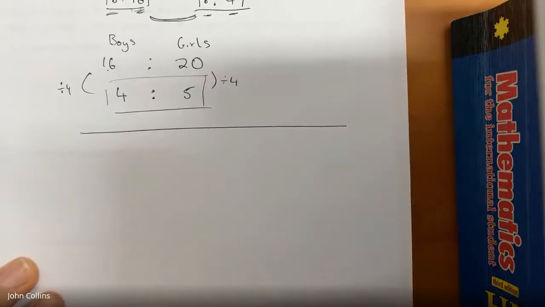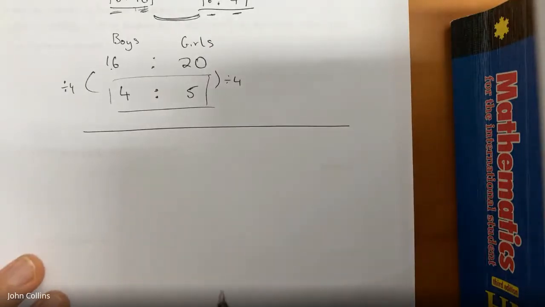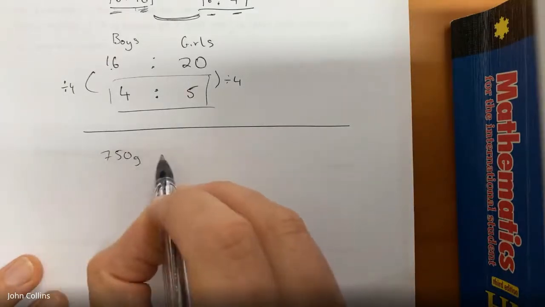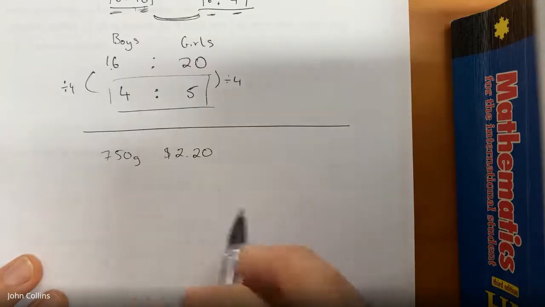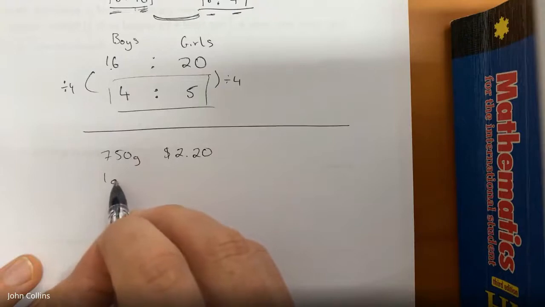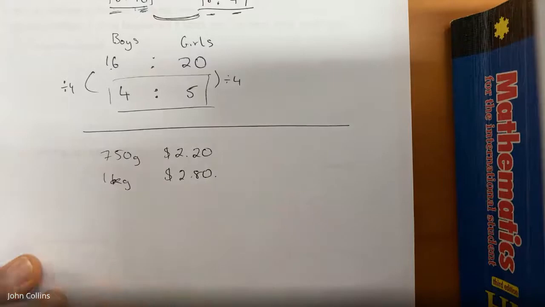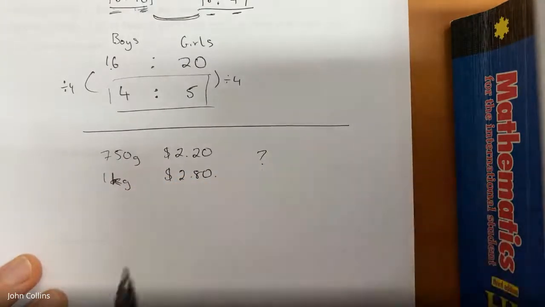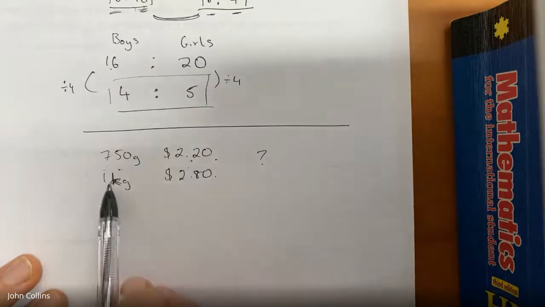On Thursday in the race to 8, we had the final question. It was a little tricky. Which was better value? 750 grams at a price of $2.20, or 1 kg at a price of $2.80. Which is better value? Well, I know that this one costs less money, but am I getting better value by buying more?